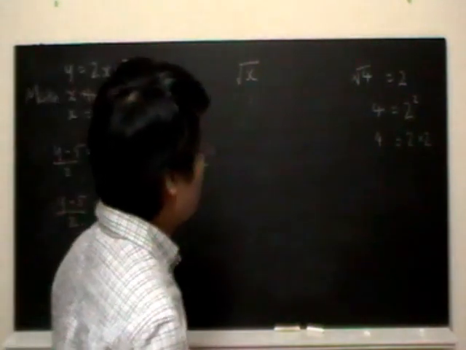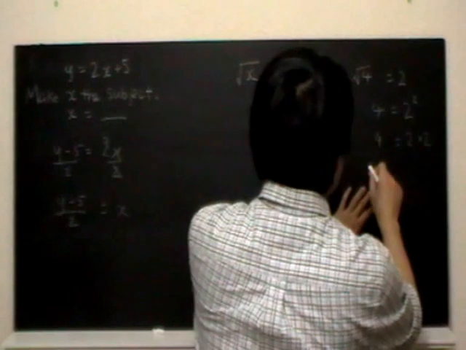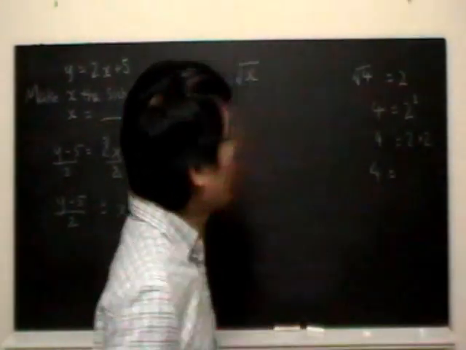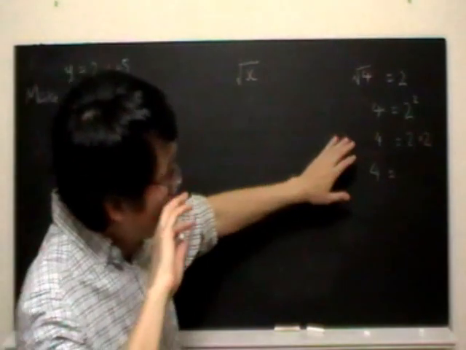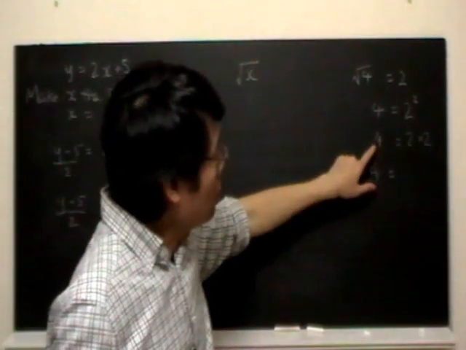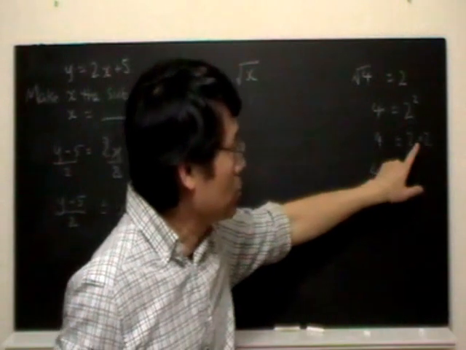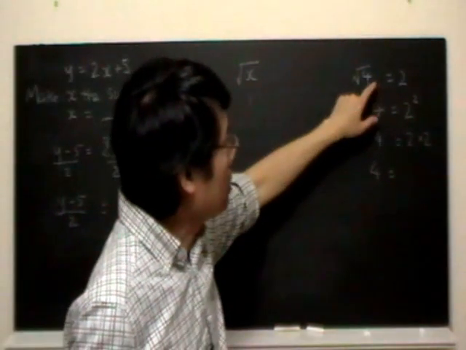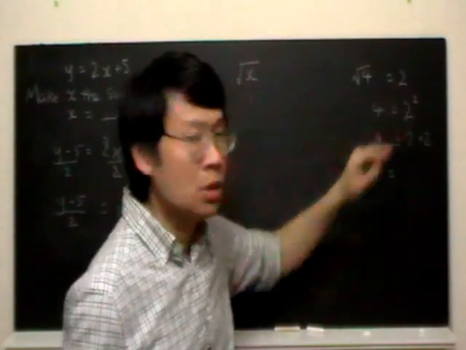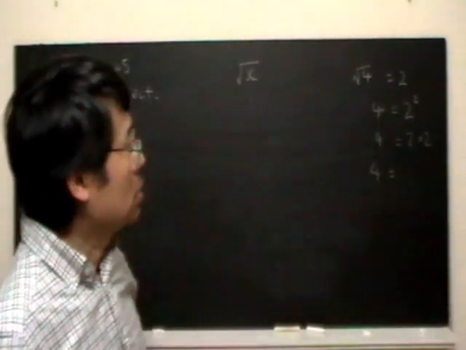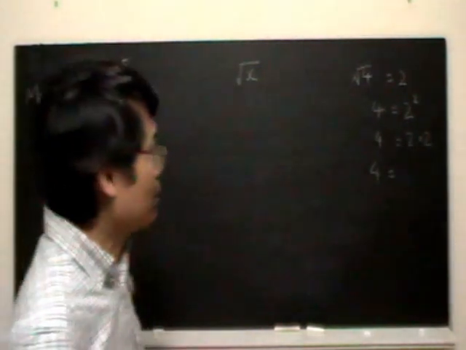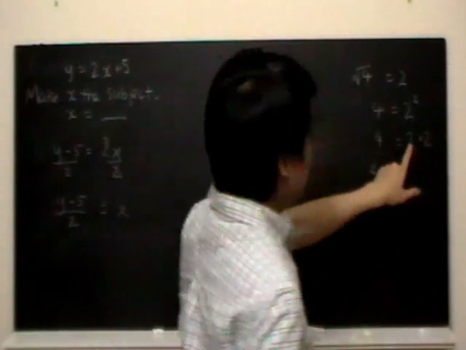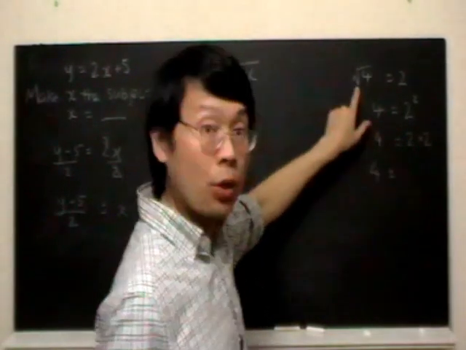So for example, let's go back to the numbers. You've seen that 4 is the same as 2 times 2, and that the square root of 4 is 2. So the 2 there is the same as the square root of 4.